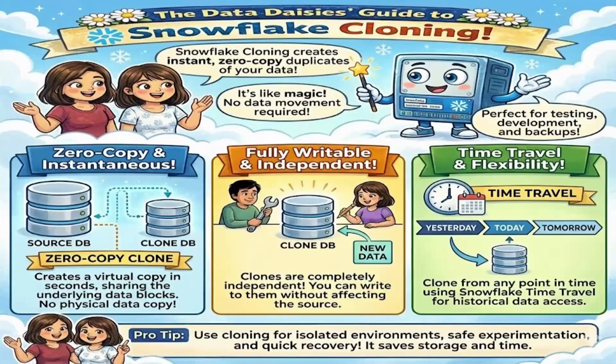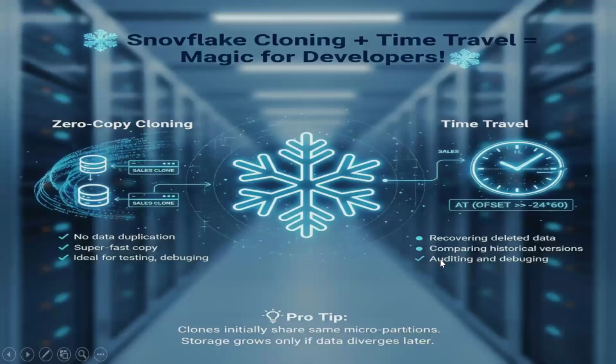The second thing is, zero copy cloning helps with no data duplication. We are not duplicating the data here, because we're pointing to the same micro partitions. If you change anything in the source table, that will not be reflected in the cloned table.